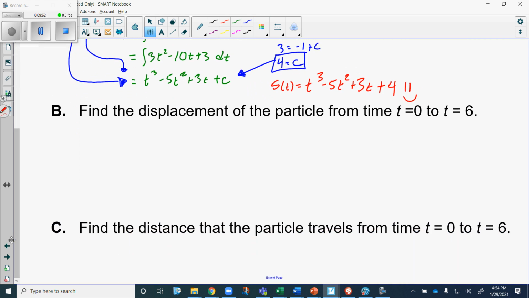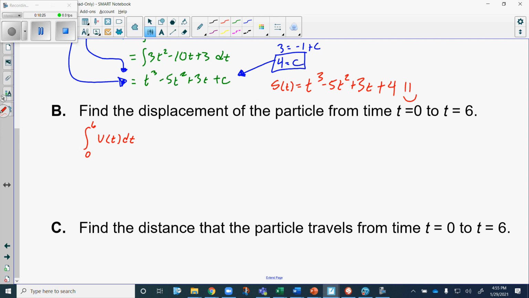So find the displacement. The displacement is again going to be the total distance that it has moved. So displacement in this case is essentially the definite integral of the function. In this case, we're going to be looking at the definite integral from 0 to 6 of the velocity function v of t dt, and see what we end up with.